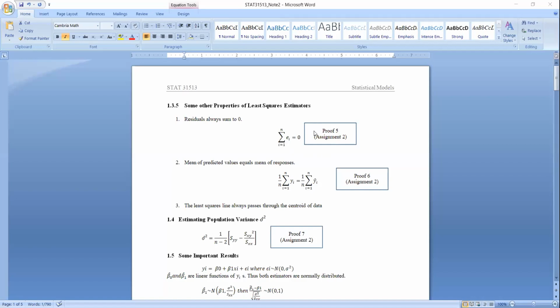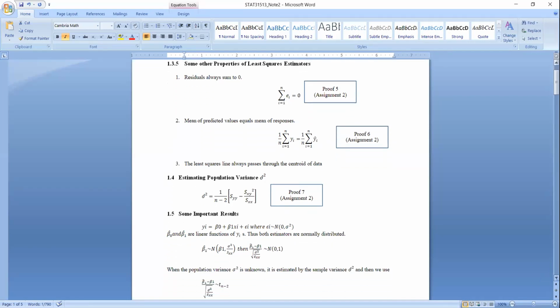You can easily prove that the summation of the residuals adds up to 0, and you can prove the mean values of the responses and the predicted values are equal, and also this one, which I gave you last week. The proof of these two I have given you as assignment 2. I have already uploaded assignment 2 also.